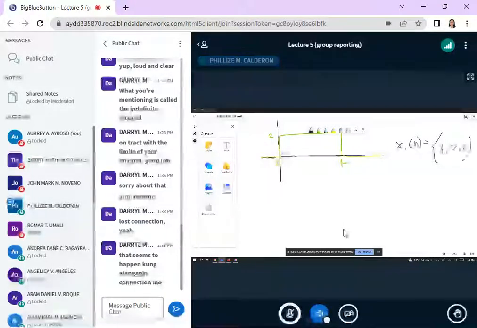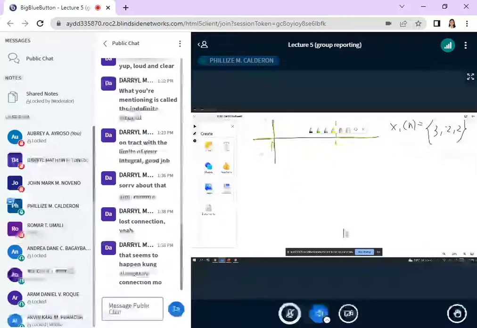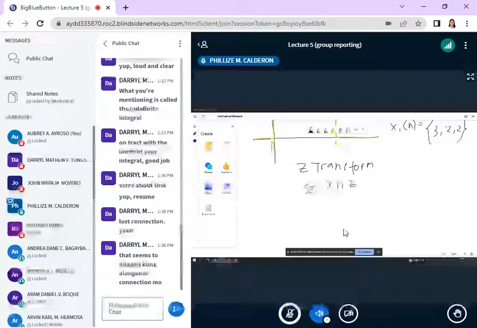Ngayon, paano naman natin gagawin yung x sub 1 na may piecewise siya na 3, negative 2, 2. So, napag-aralan naman natin yung z-transform, di ba? Z-transform, summation ng x of n, where z is raised to negative n. So, yung x natin, yun yung magiging magnitude natin, then n will represent as our time.